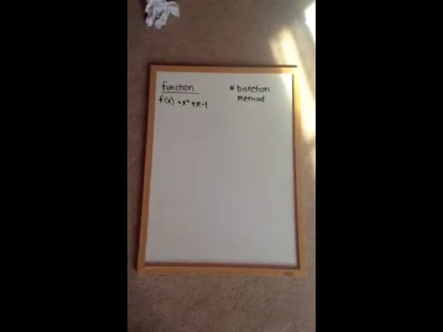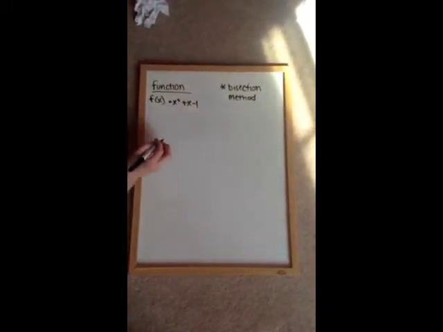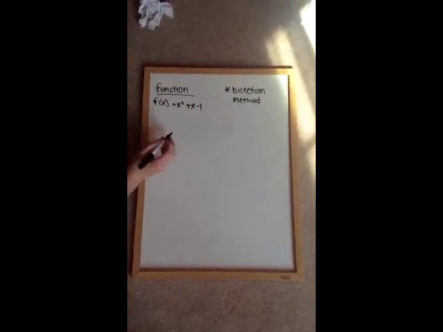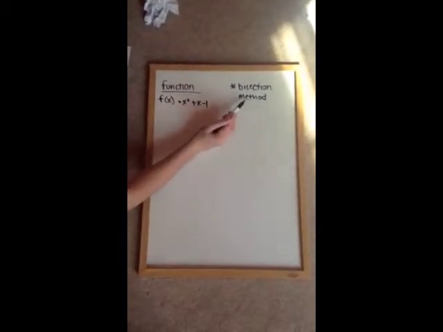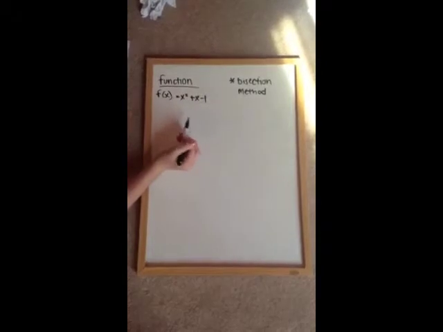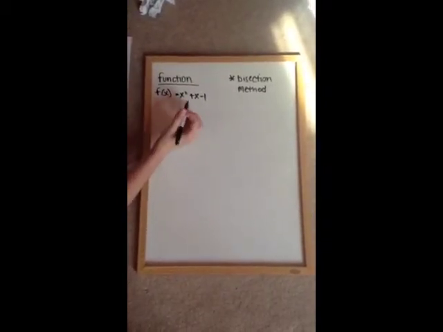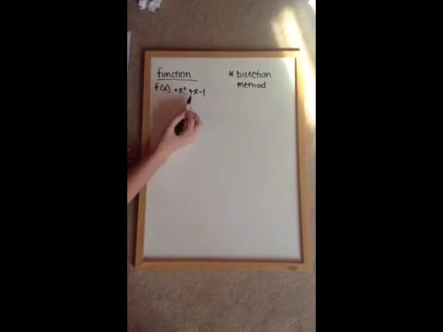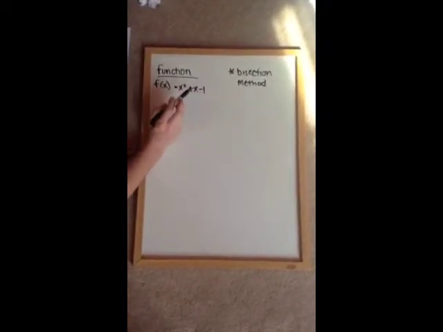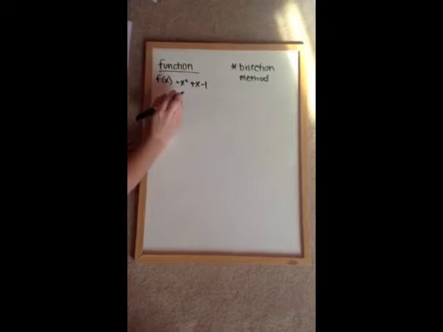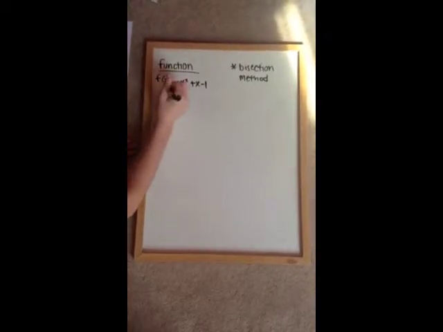Okay, we're going to do another example of intermediate value theorem, but this time we're going to use the bisection method, which means you're going to continually cut the value in half that you plug in to test in the function. So here's our function, x squared plus x minus 1. So first, let's start off with f of 1.